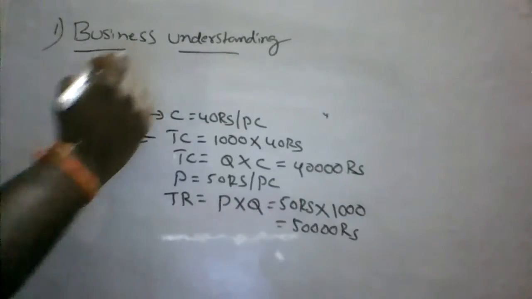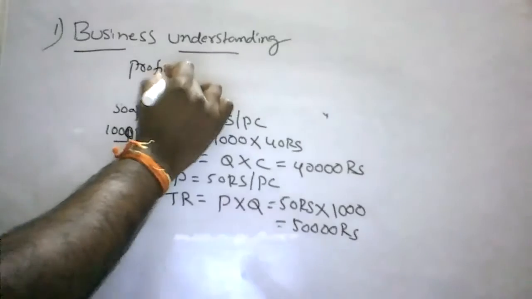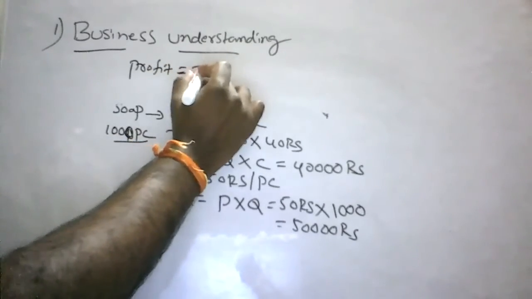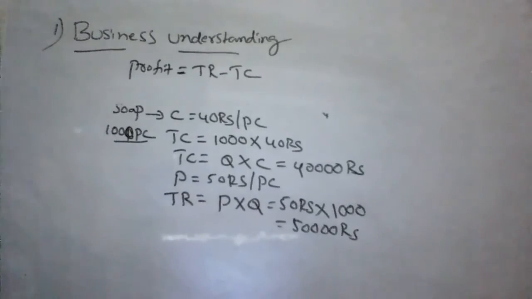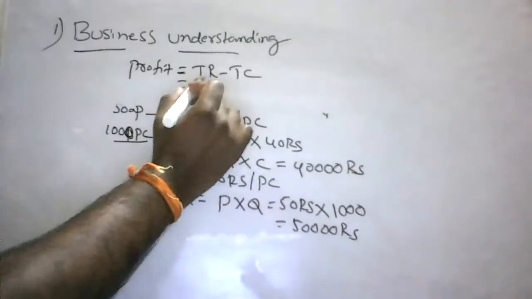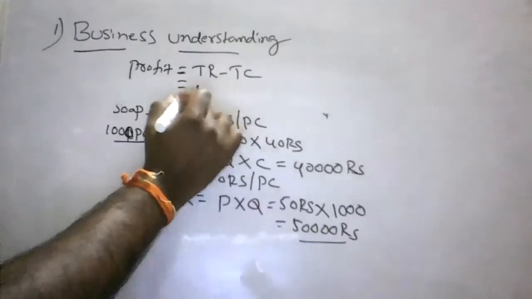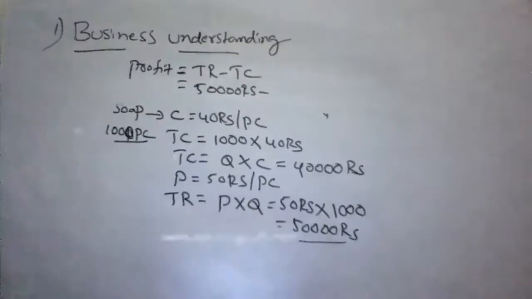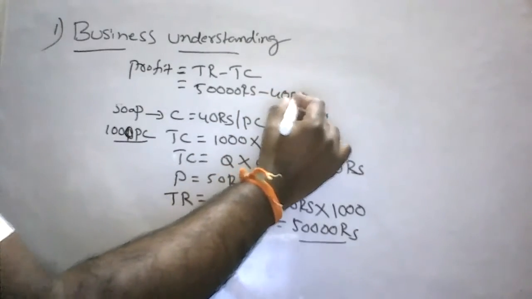If I want to increase my profit, the profit formula is profit equals total revenue minus total cost. The total revenue I got after selling 1000 pieces is 50,000 rupees, minus the total cost of production of 40,000 rupees.